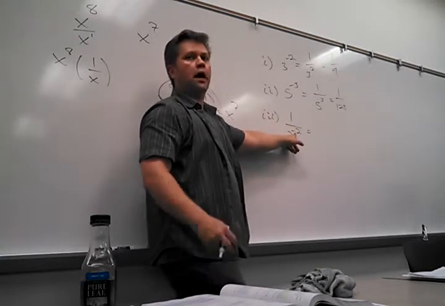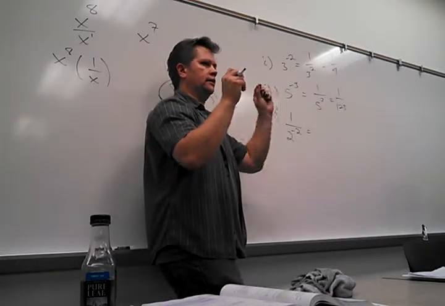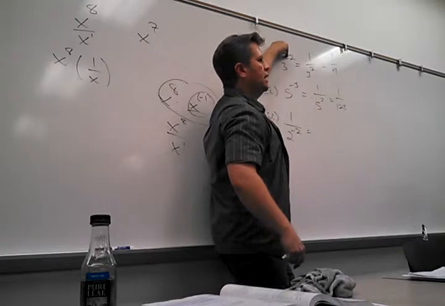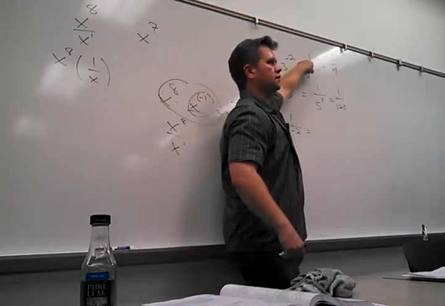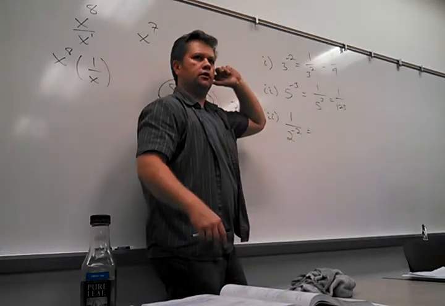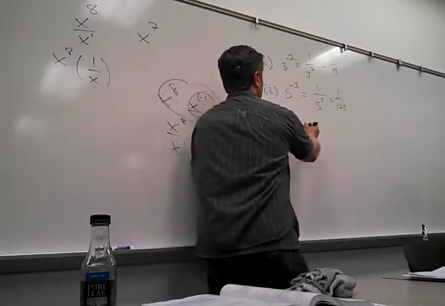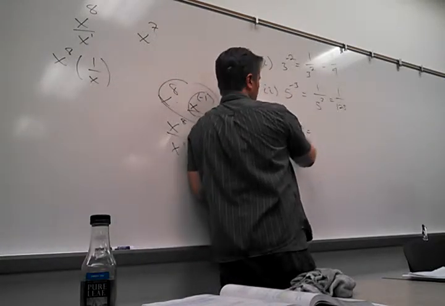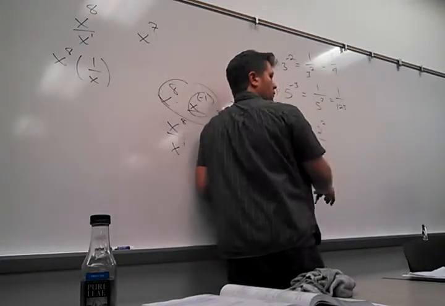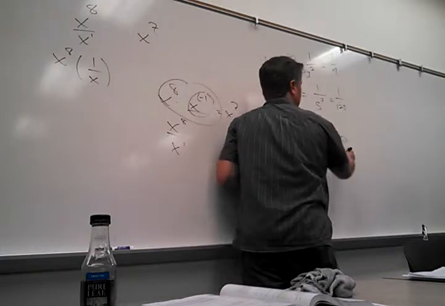Right, so negative power means flip. And if you really want to get it silly, it doesn't like it up top. It's negative up top. So if you put it down below, it's happy. It's positive. This one doesn't like it on the bottom, so if you put it up top, it's happy. So if you bring this up, what's that negative power mean? Flip it. So now it's 2 squared on the top with the 1 on the bottom. So that's just 4.